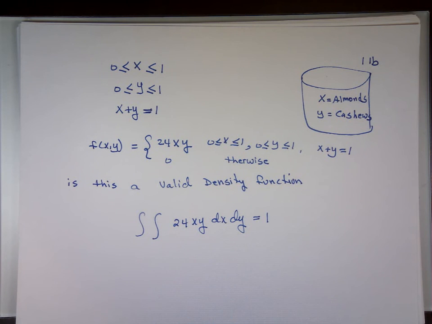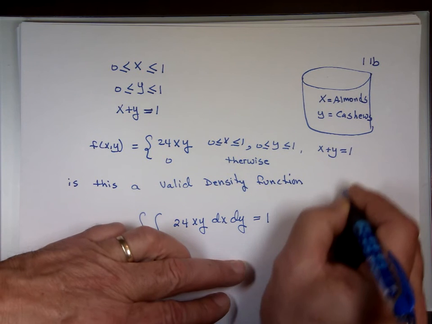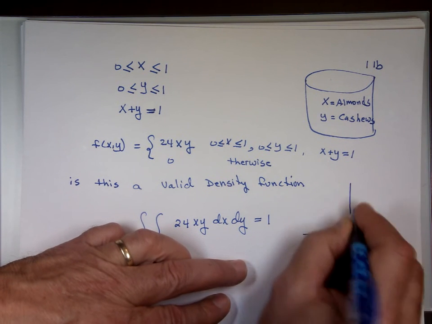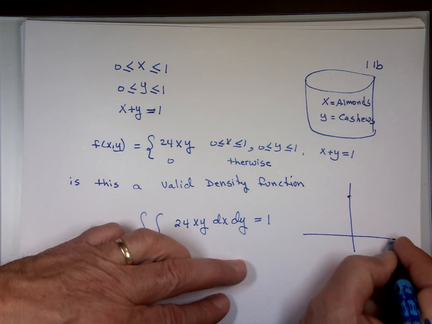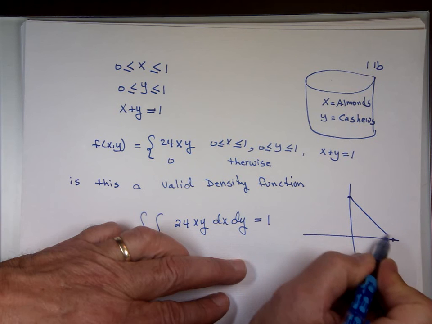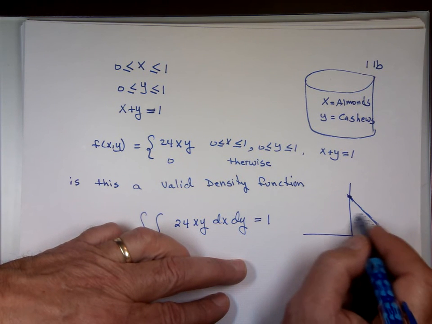This is x between 0 and 1. Well, let's look and see what x is. This is the 1 here. This is the 1. X plus y is this line. We're saying the mixture is somewhere here, in that area. That's what the mixture is.